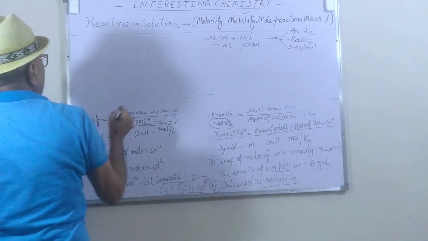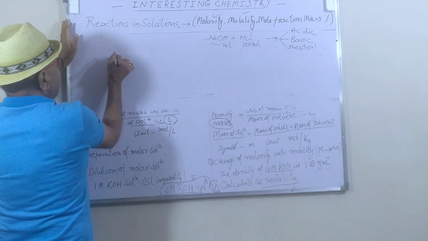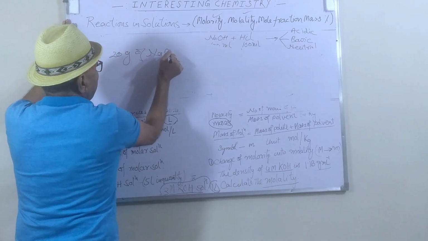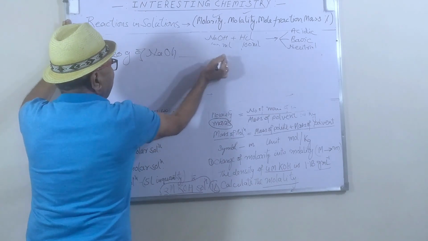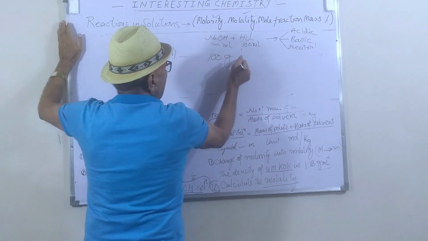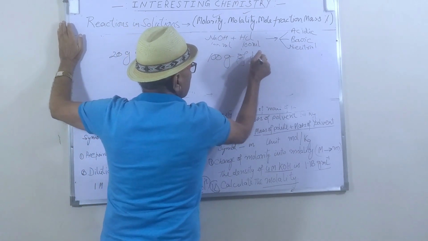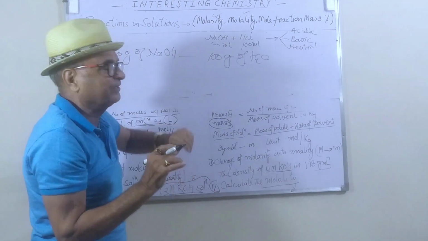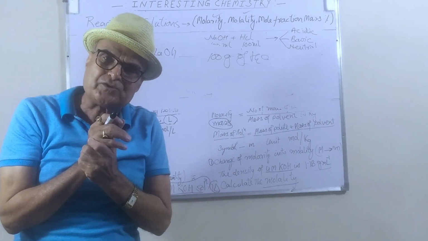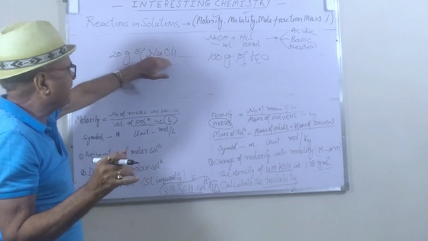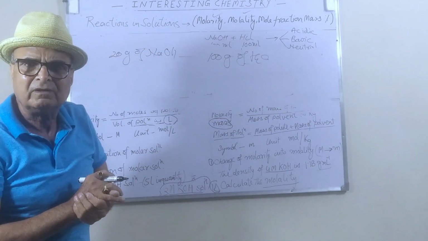Suppose you take 20 gram of NaOH dissolved in 100 gram of H2O. What is the mass percentage of NaOH in that solution?